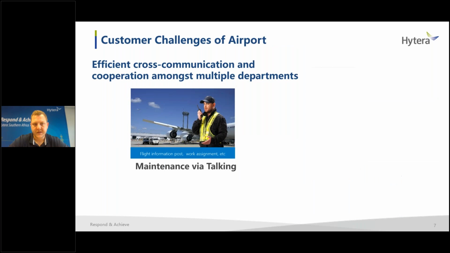Okay. Another scenario also is, let's say, for example, there's a technician working at an airport, and he needs to do maintenance on certain airplanes. If he's only got a radio with him, he would need to speak to the control room. The control room would then have to give him the information of what plane he needs to go and investigate. All of that needs to be done verbally.